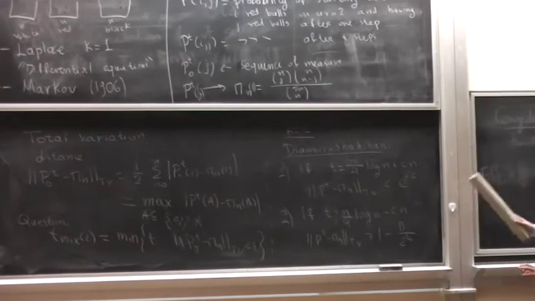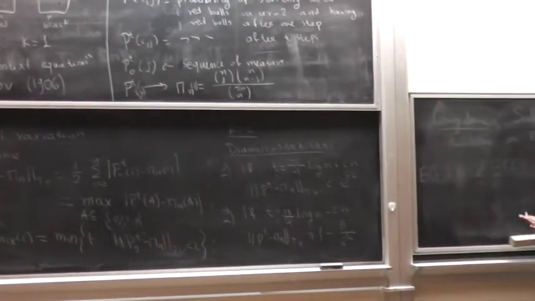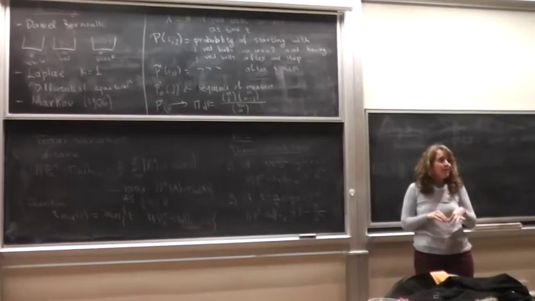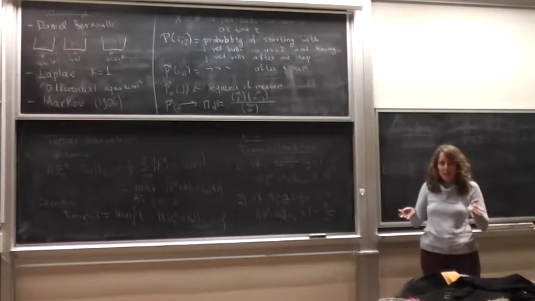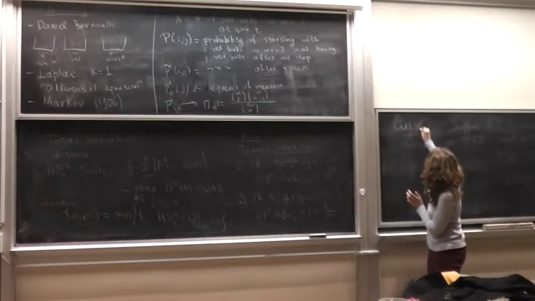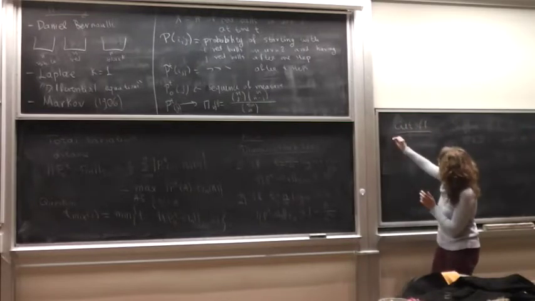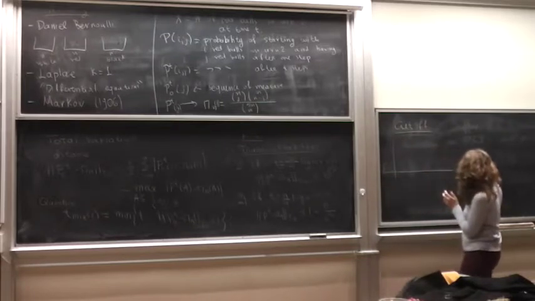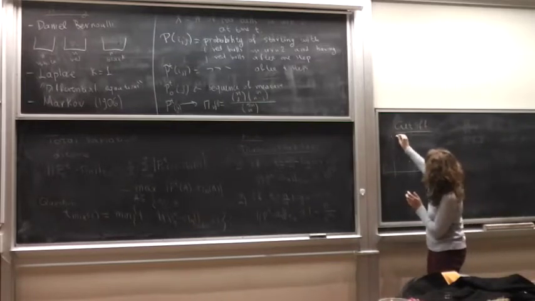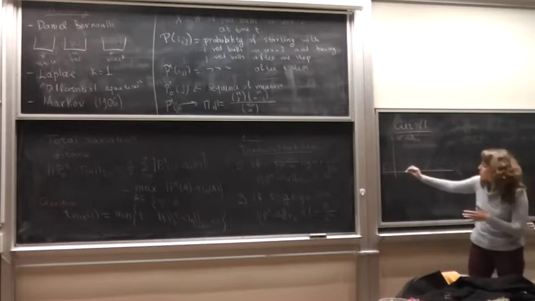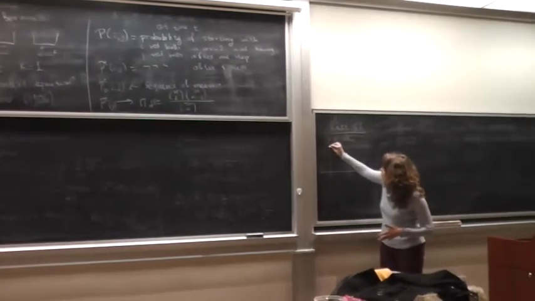So let me draw this picture so that you see what this theorem says. This is a cutoff statement, and this is really in fashion these days in probability, to prove and try to understand cutoff. So this is time, and this is total variation distance. At time 0, you start at 1.